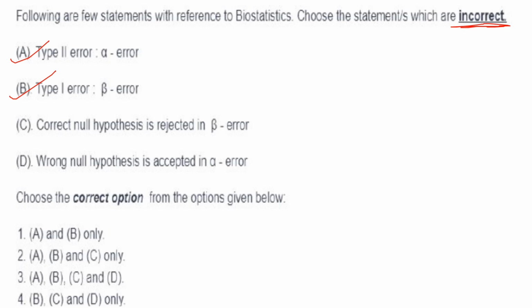So here it is again your answer. Wrong null hypothesis is accepted in alpha error. No, wrong null hypothesis is accepted in type 2 error, and type 2 error is your beta error. So again D is your answer. So A, B, C, D is the answer. Answer is option 3.